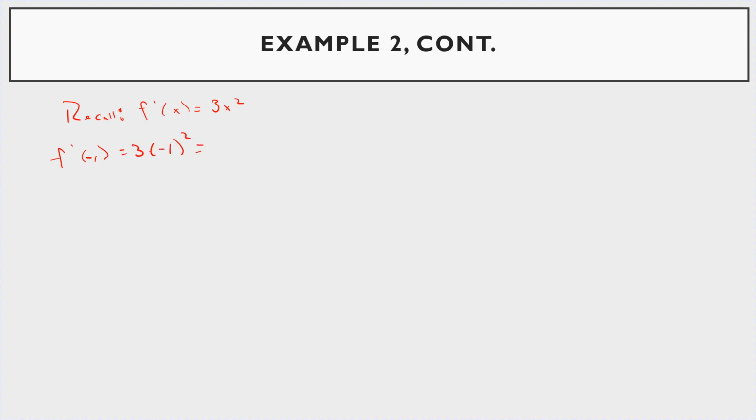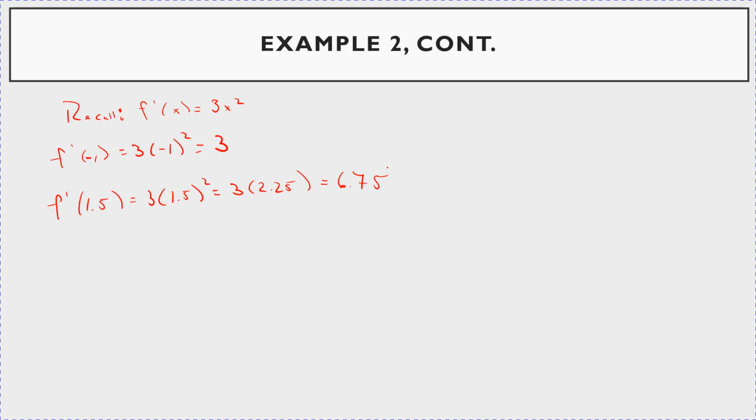Well, -1 squared is 1, times 3 is 3. And f prime at 1.5, you're just going to plug this in. This is 3 times 1.5 squared. I believe 1.5 squared gets you 2.25. And then 3 times 2.25 gets you the slope of the tangent line, which is 6.75.